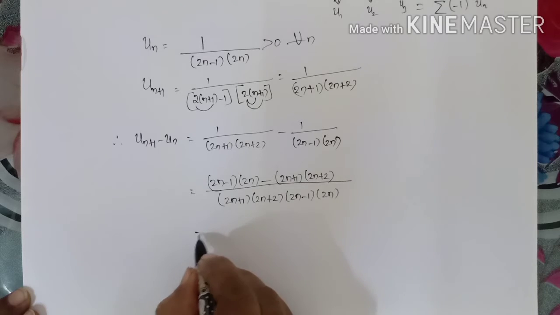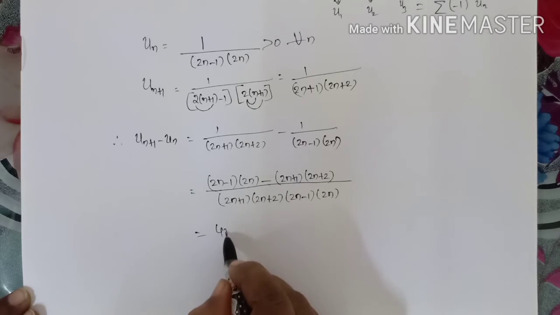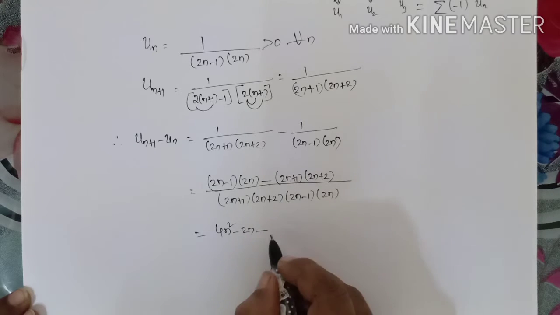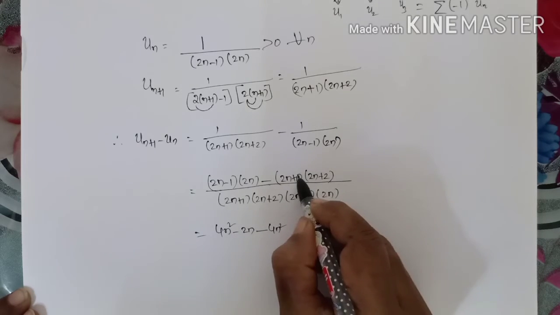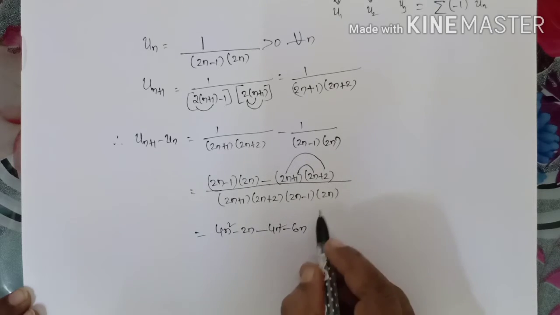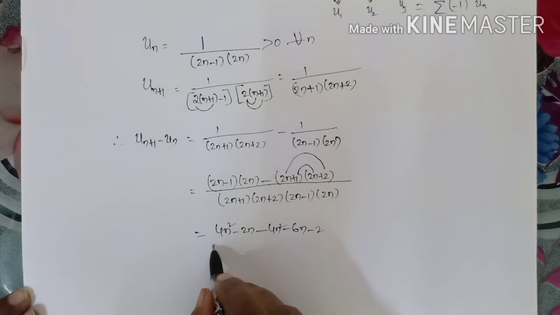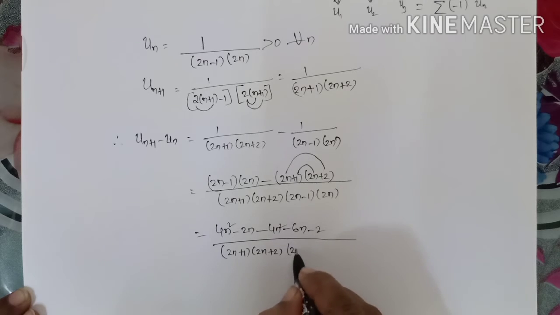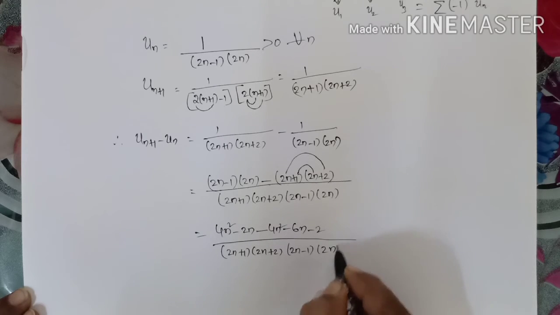On multiplying, 2n into 2n, 4n square minus 2n minus 4n square minus 2n minus 4n minus 2, over (2n plus 1) into (2n plus 2) into (2n minus 1) into 2n.